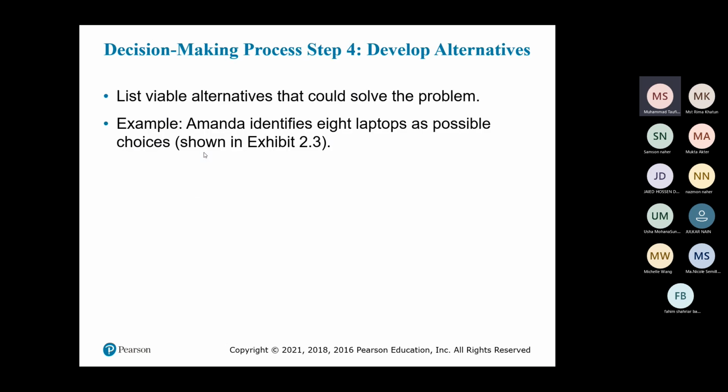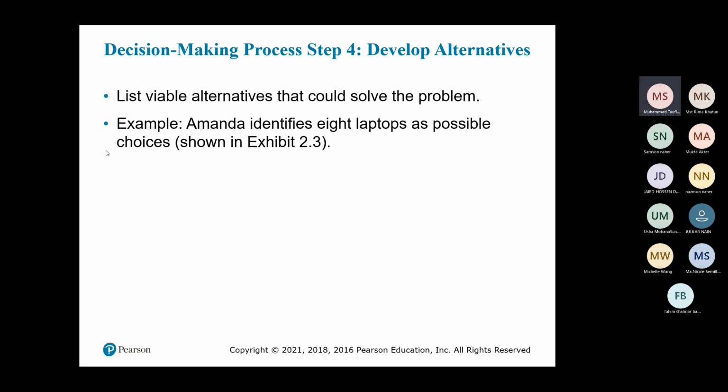Okay, and then next one, you develop alternatives, or you identify the choices that you have. So you list all the viable alternatives or choices that you can choose to solve the problem.